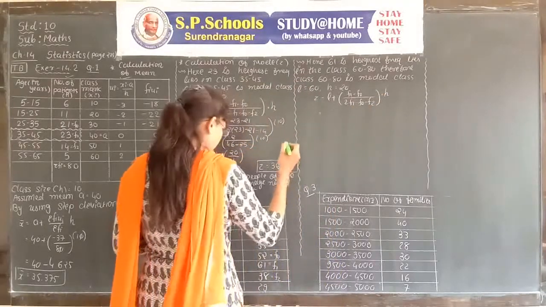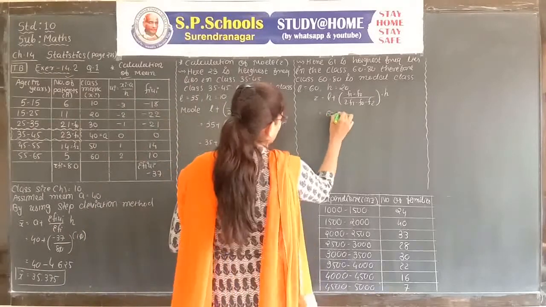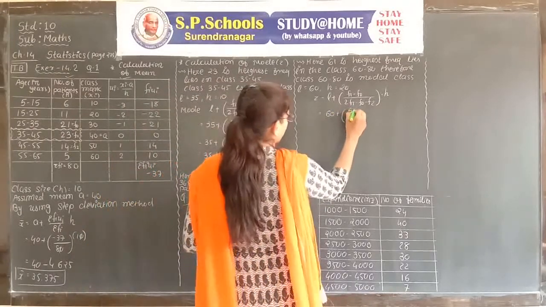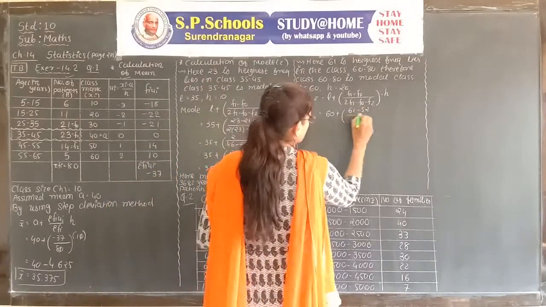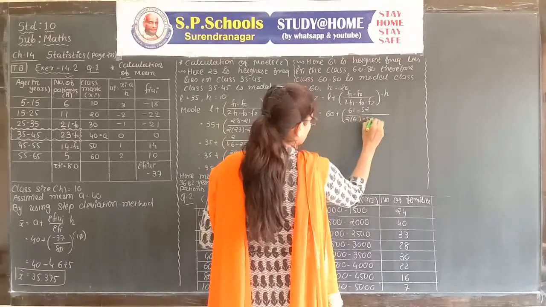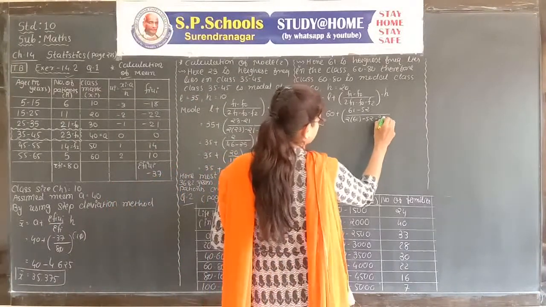Now L is equal to the lower limit, which is 60, plus F1 equal to 61 minus F0, which is 52, upon 2 into F1, 2 into 61, minus F0 52 and minus F2 which is 38.